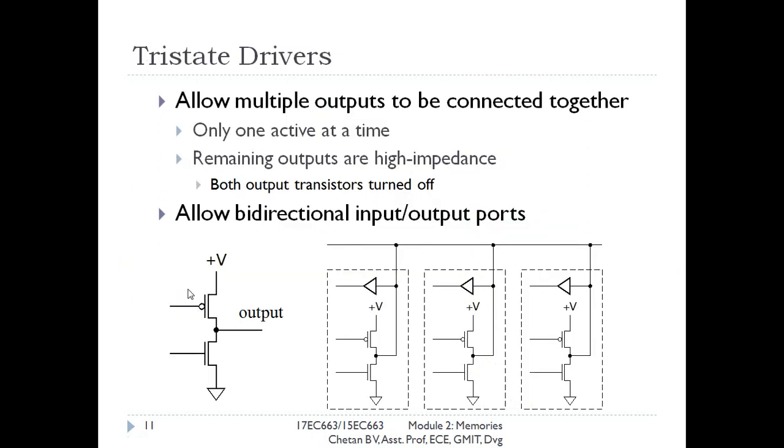Next concept is tri-state drivers. We already know there is something called tri-state. In tri-state, along with 0 and 1, a circuit having this mechanism also produces high impedance. Here you can see this is just like an inverter of CMOS, where the inputs are not shorted.